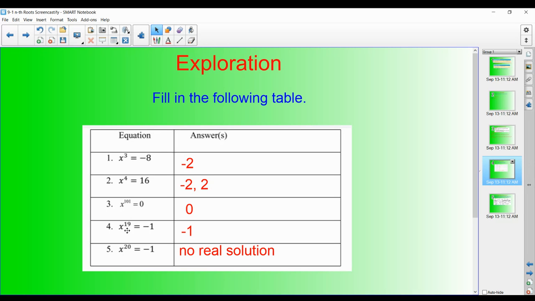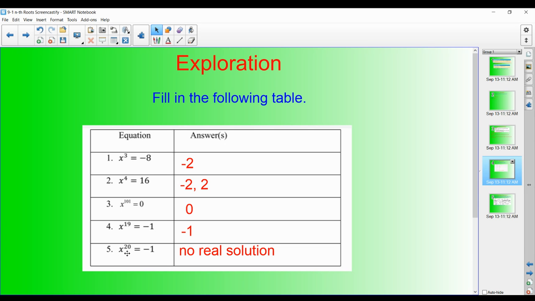Now, raised to an odd power, x to the 19th, you multiply by itself 19 times to get a negative. The only thing that'll work there is a negative number, because 19 negatives multiplied by each other wind up with a negative. And that's why with this bottom one we have a problem, because if you take a negative number and multiply it by itself 20 times, you're going to wind up with a positive.